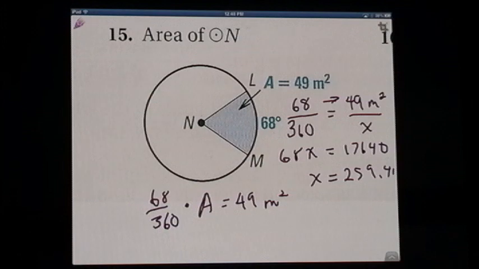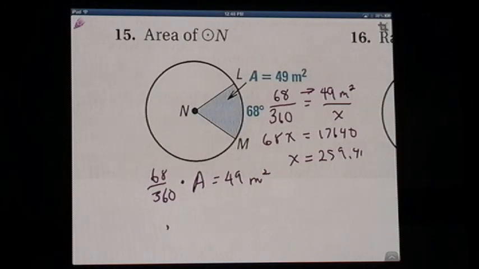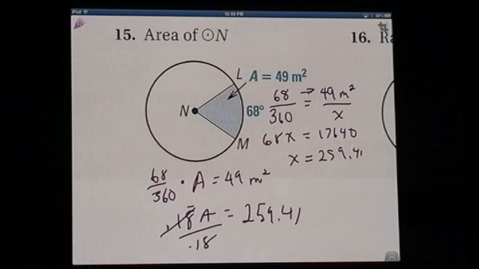You get 0.18 repeating, and then you can divide both sides by that. 49 divided by that answer is 259.41. Okay, so you see how that works.